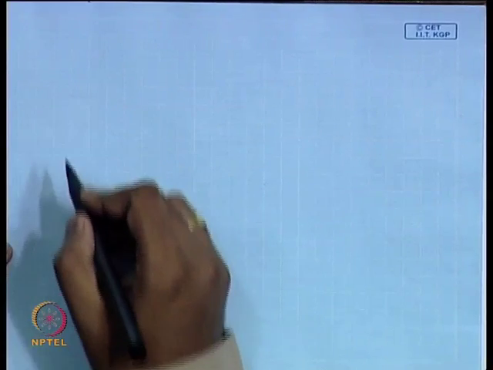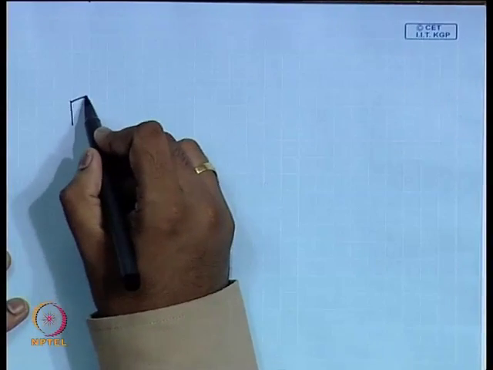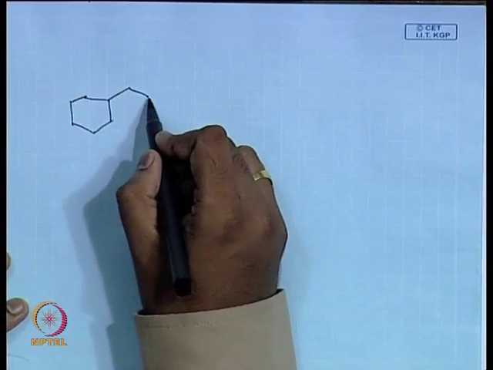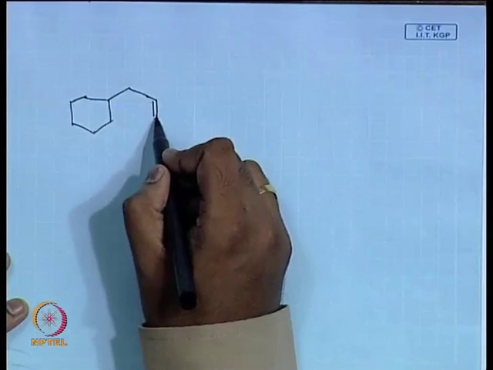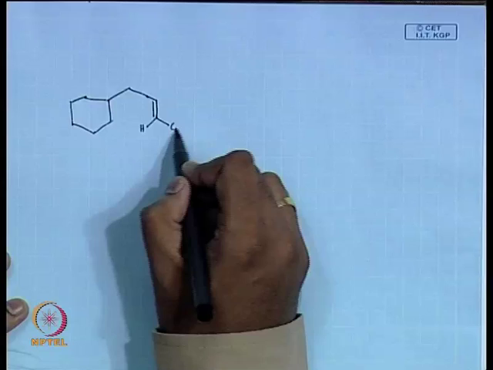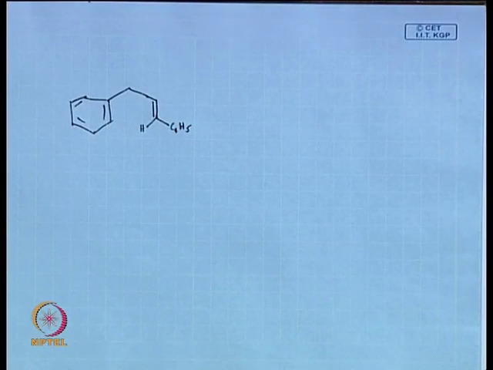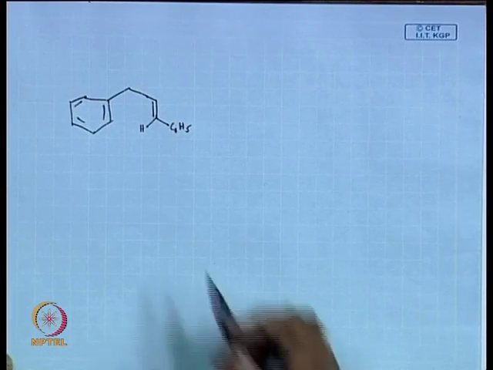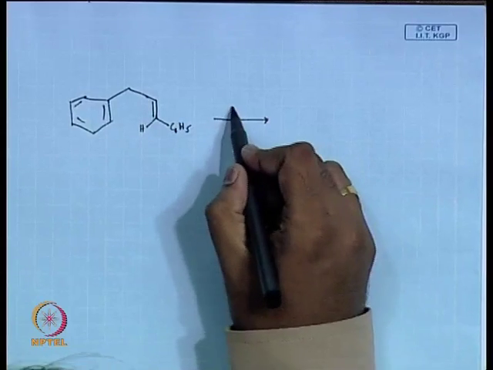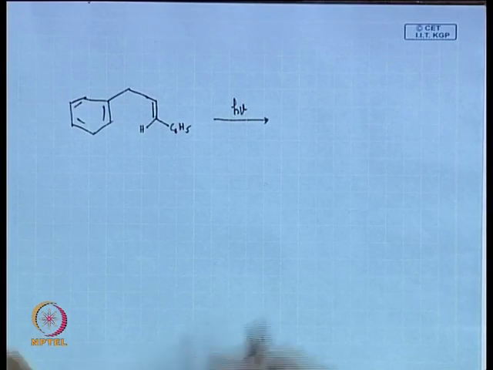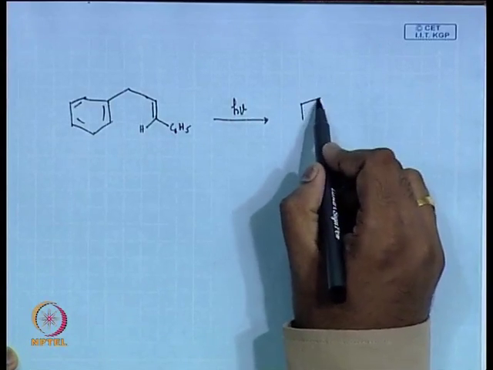Okay, now I will give this example. We will check how you guys can think about it. So, on photolysis, you are going to excite only your alkene.